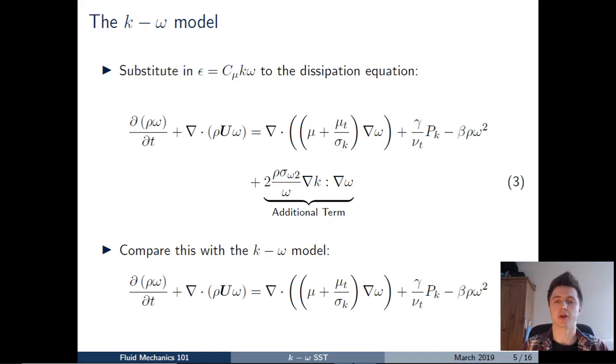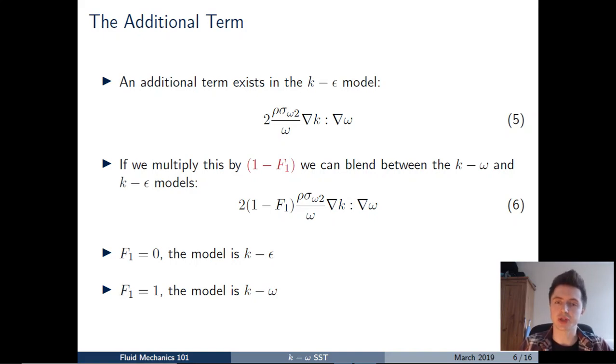All of those terms are identical, with the exception of this additional term in equation 3, which you can see with the underbrace. So this additional term appears in the K-epsilon model, but not in the K-omega model. And this might give us some clues as to what's happening and the difference between the models.